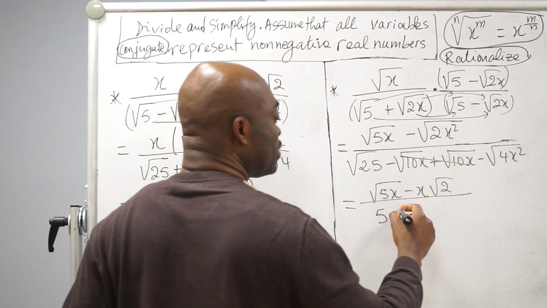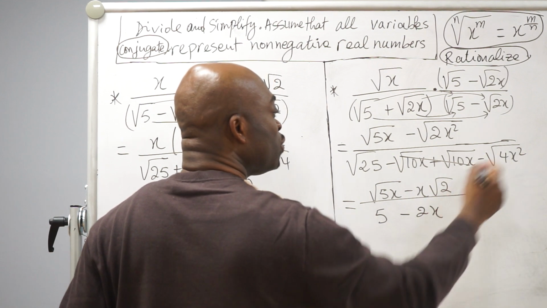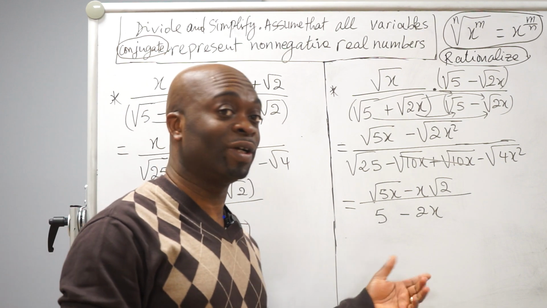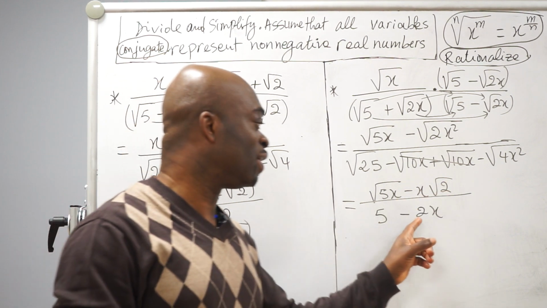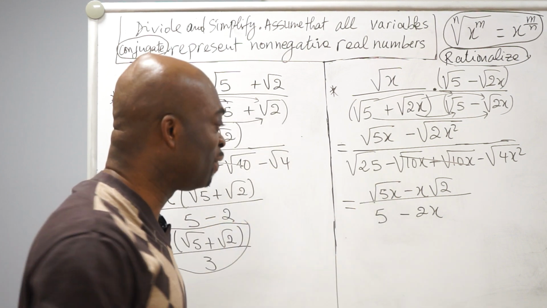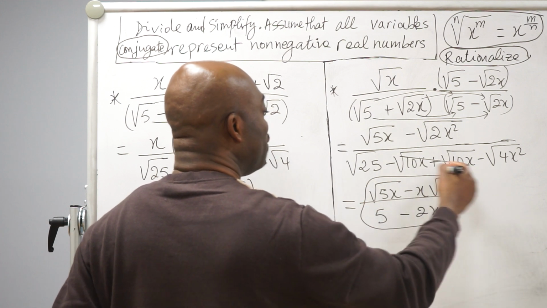And then minus 2x. Square root of 4 is 2. Square root of x squared is x. Anything else that we can simplify? No. Negative x square root of 2 is not the same thing as negative 2x here. They are not the same thing. So you cannot simplify. So this, ladies and gentlemen, will be your final answer for this problem also.